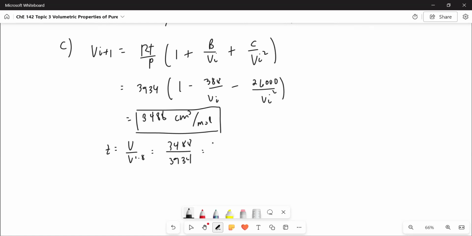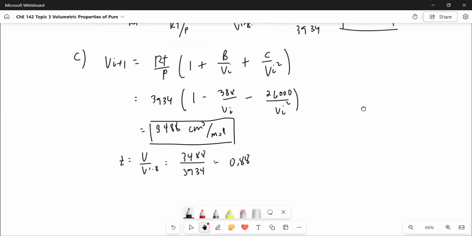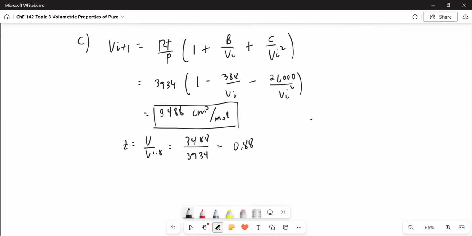The answer is, let me pull up the calculator, 3,488 divided by 3,934, that is 0.8866. But how many decimal places? Okay, so that is it. Alright, so this ends the example. Let's move on to the next.